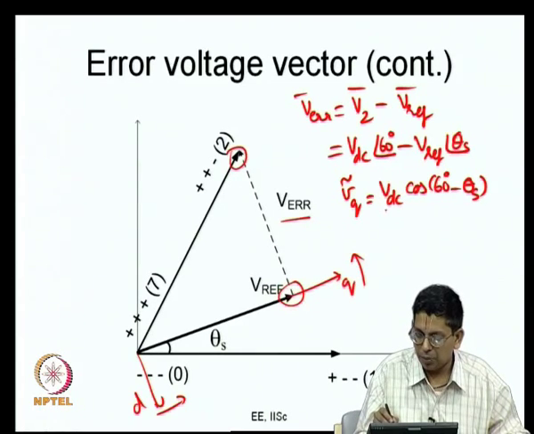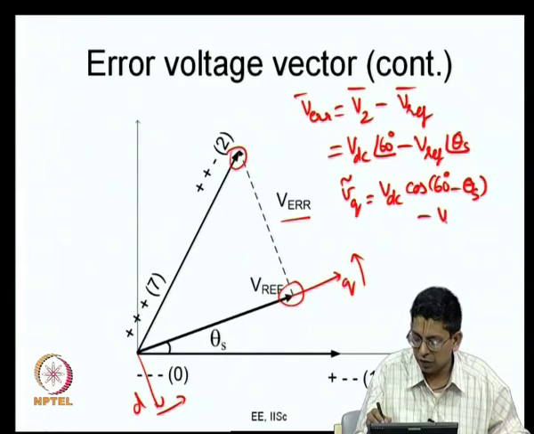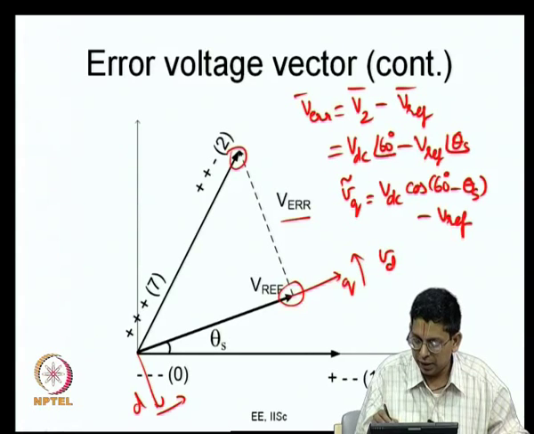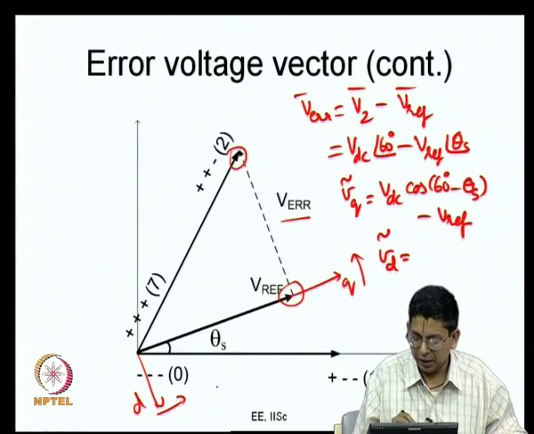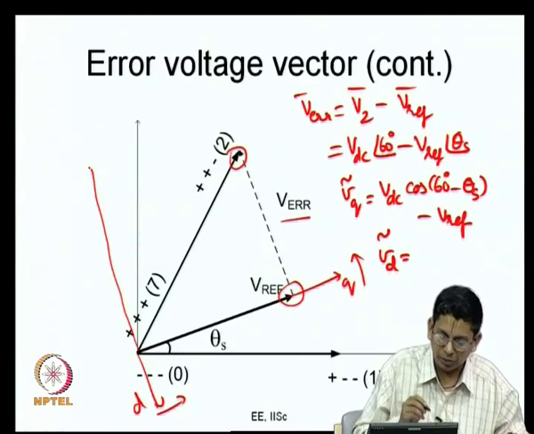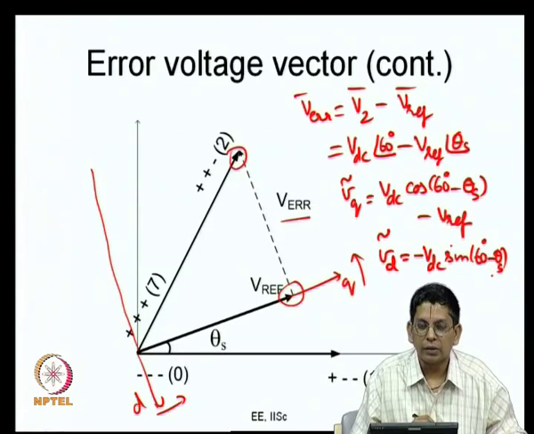This is the component of the applied voltage vector along the q axis, the applied component minus the desired component. And VD tilde is what you have along the d axis, which is nothing but minus VDC sine of 60 degree minus theta s, right. So, this is what it is.